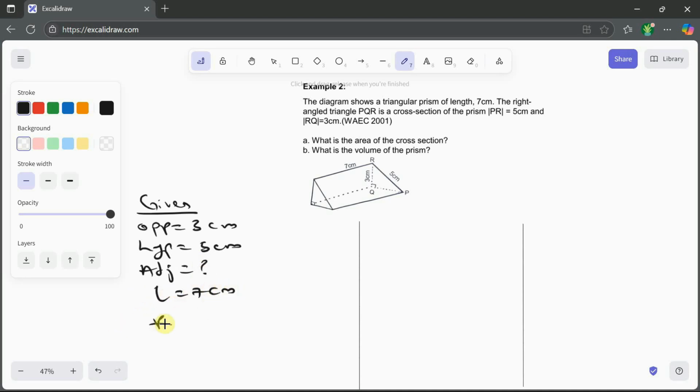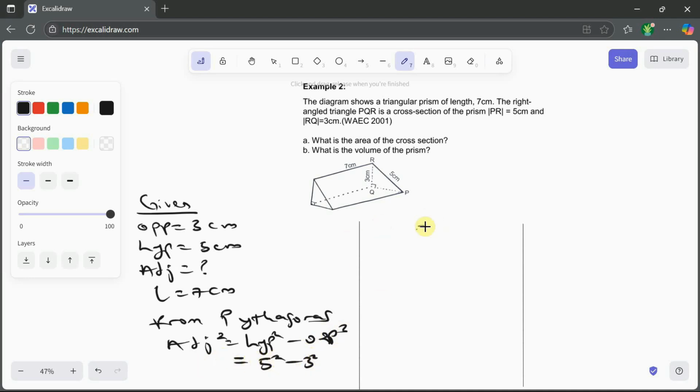From Pythagoras, the adjacent squared is the hypotenuse squared minus the opposite squared. Of course, you should know this. So this is 5 squared minus 3 squared, and that will give you 25 minus 9, which is 16. So our adjacent is square root of 16, which is 4 centimeter.